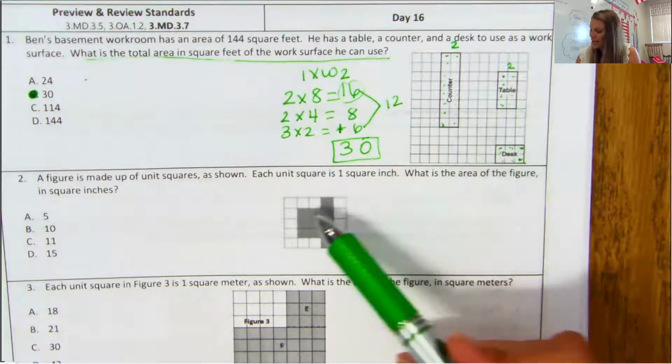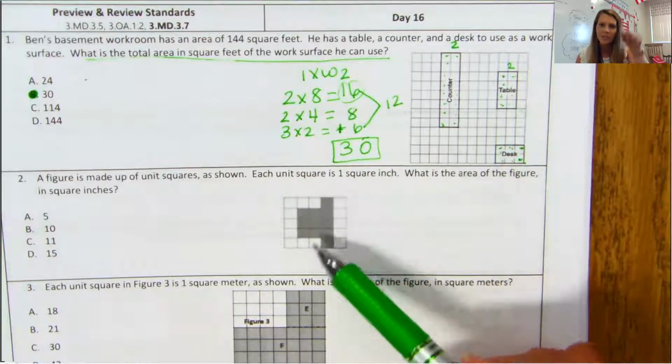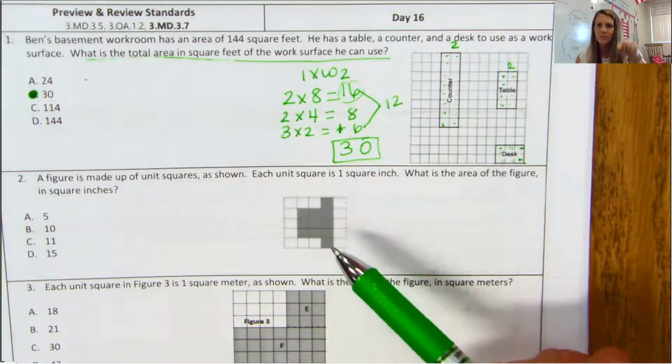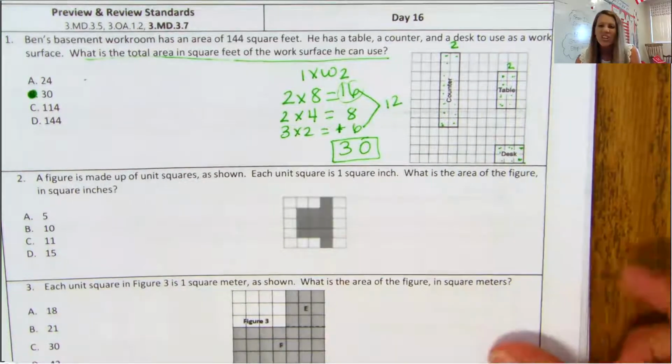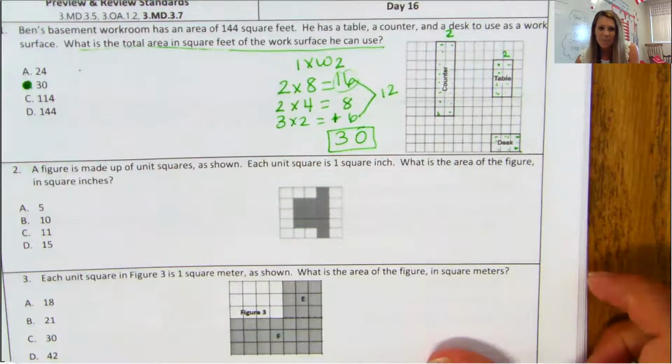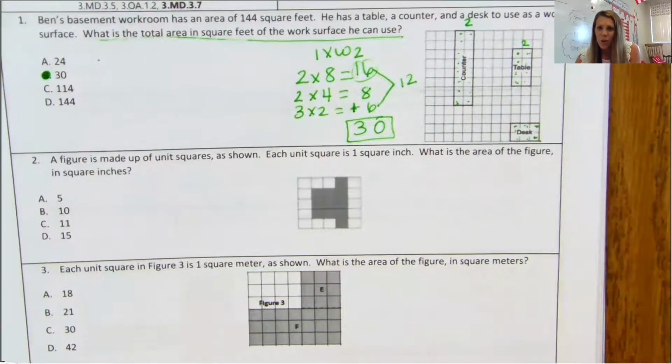Well, this one has different areas, different squares, and different spaces. It's not just a straight rectangle or square. So we could split it up and multiply, or if it's small like this, could we just count them? Yes, go ahead and count them.